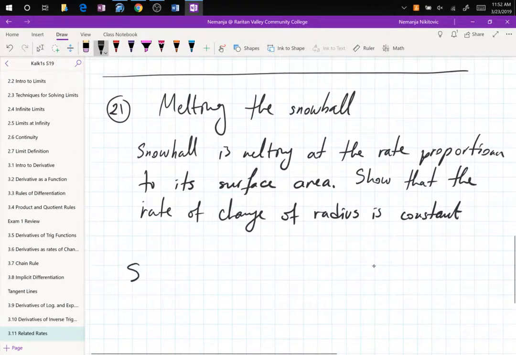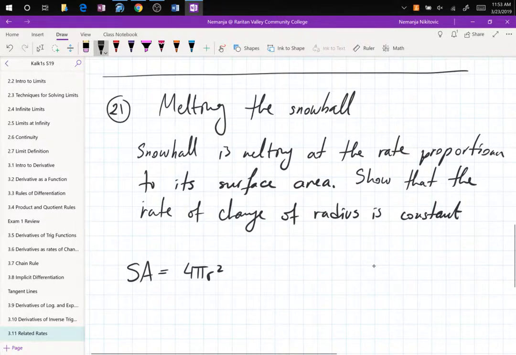We have the surface area as 4 pi r squared. If you ask me how I know that, I learned it. It was not communicated to me by anything.